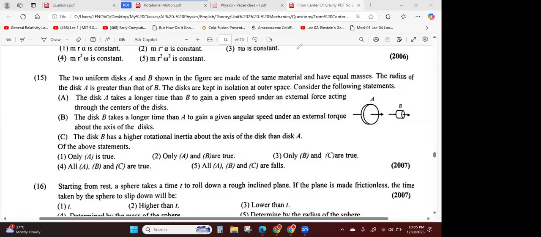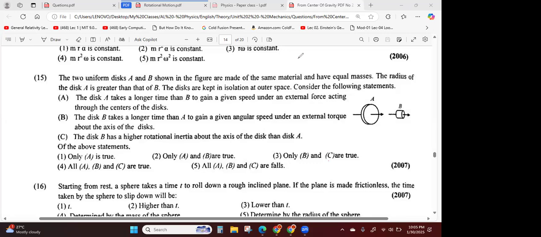Okay, so here, let's see. Now let's check statement A. The disk A takes longer time than B to gain a given speed under an external force acting through the center.